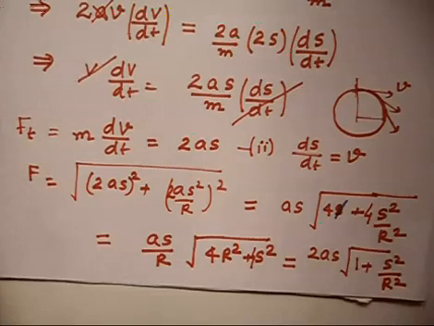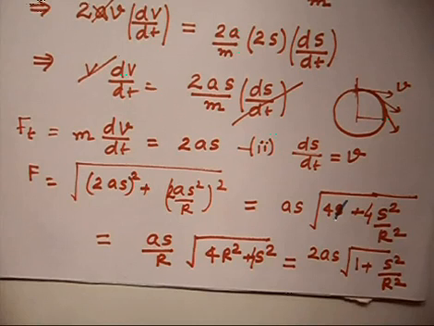So in this problem, the important point is that we have used the idea of circular motion, that in circular motion we need two kinds of forces. In tangential direction I need one force, in radial direction I need one force. In tangential direction the force is mass into dv by dt, radial direction force is mv square by r.